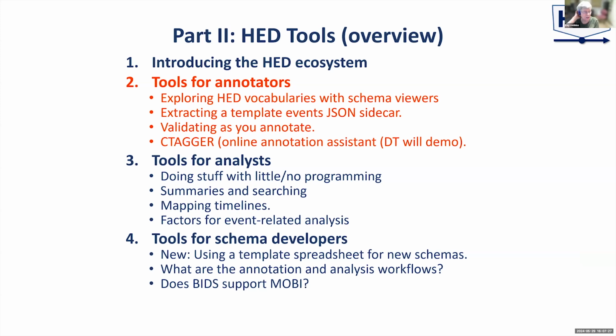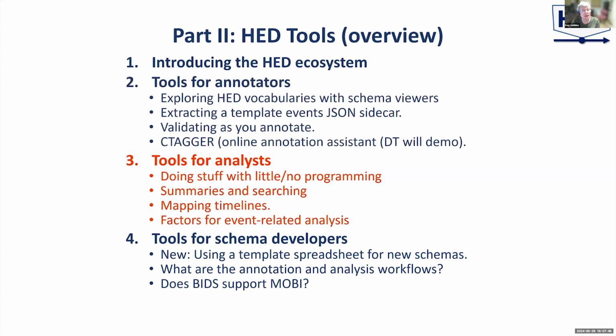So this is looking at vocabularies, extracting that JSON template from event files, validating, and then I'll mention the new C tagger, but Young is going to demonstrate it online in the next talk.